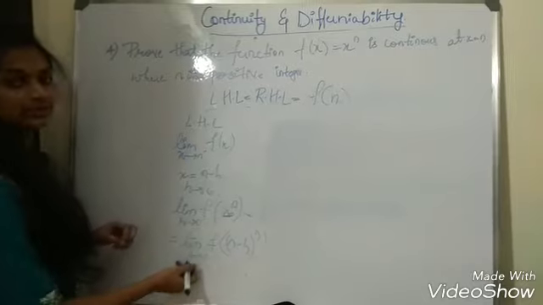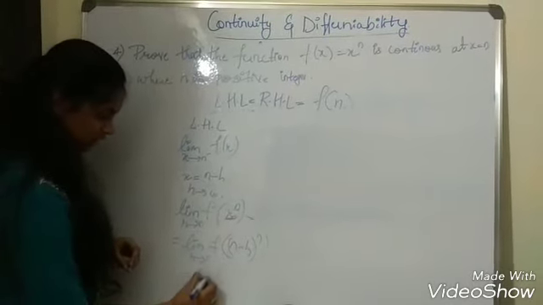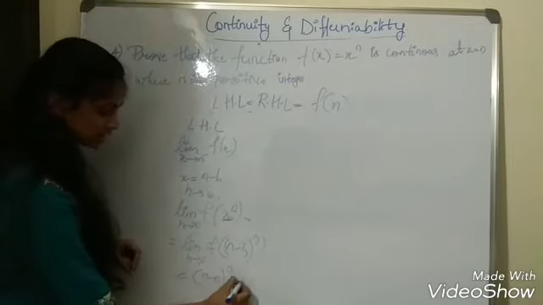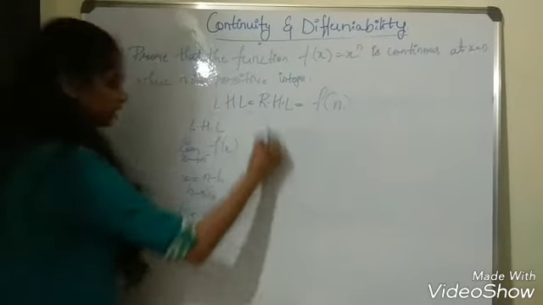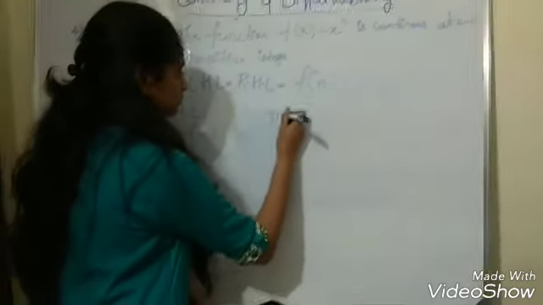Now as h value is tending to 0, h becomes 0. Then n minus 0 whole to the power n is n to the power n. So its left hand limit is n to the power n. Now let us find its right hand limit.